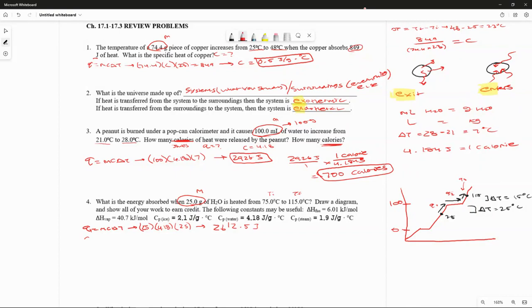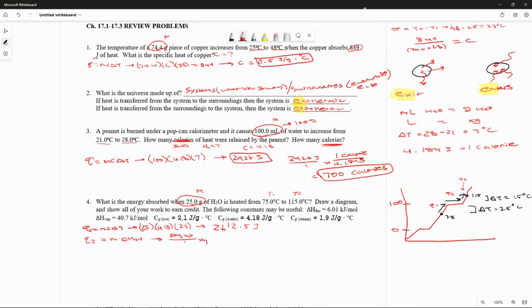All right. Now let's calculate Q2. This was Q1, so we're going to calculate Q2. This is m times delta H because there's no temperature change. And since this is going from a liquid to a gas, we're going to use the m times delta H for vaporization, vap, which we're going to solve using dimensional analysis. So we start with 25 grams of water.